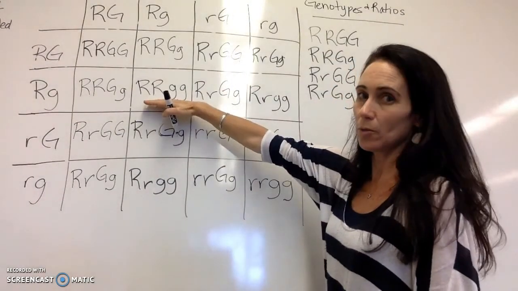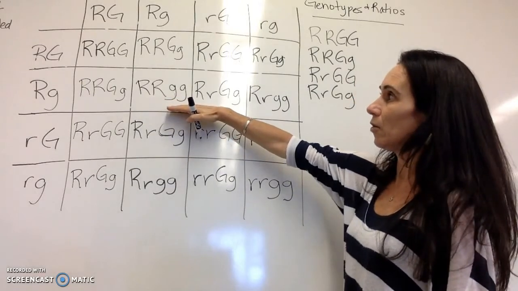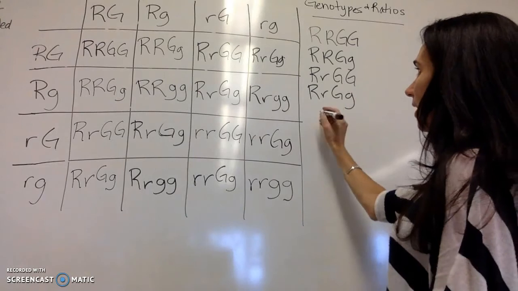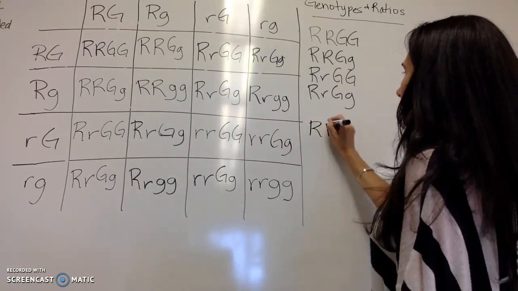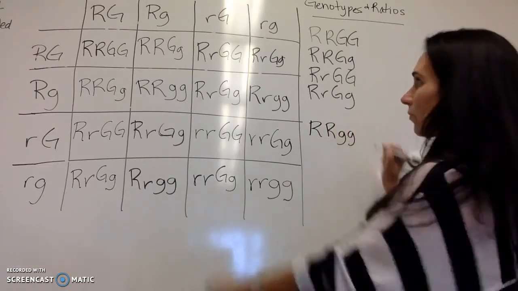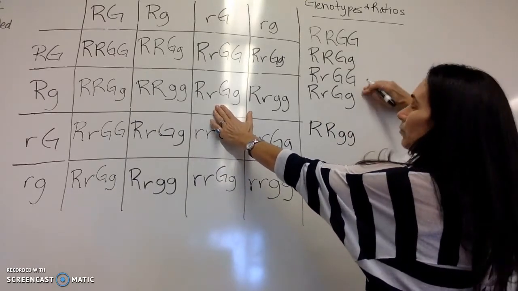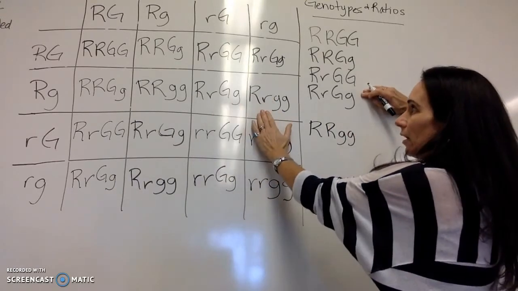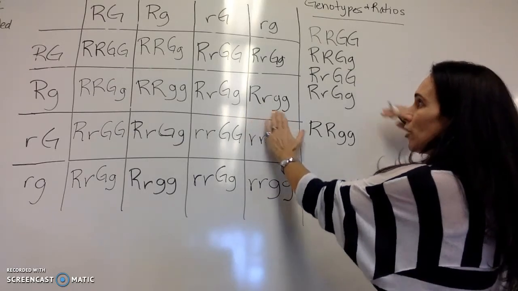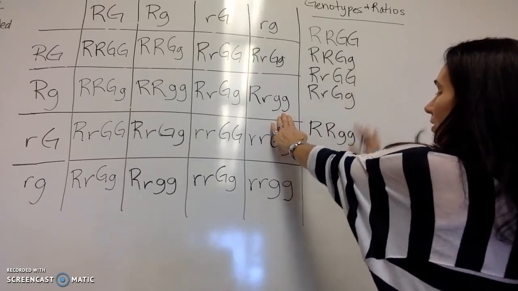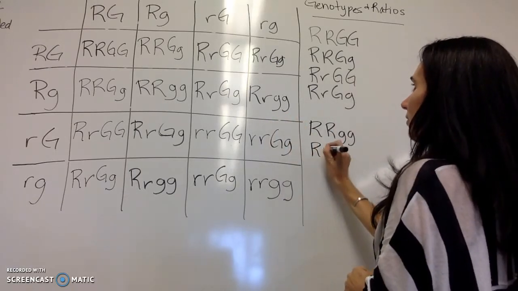Here we've got homozygous dominant with homozygous recessive. We don't have that listed here, so we'll write that one down. Okay, heterozygous for both traits, we've got it. Heterozygous for the first trait and homozygous recessive for the second, we don't have that one yet, so we write that down.